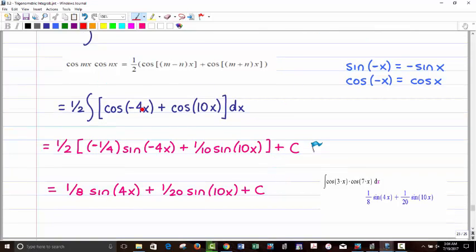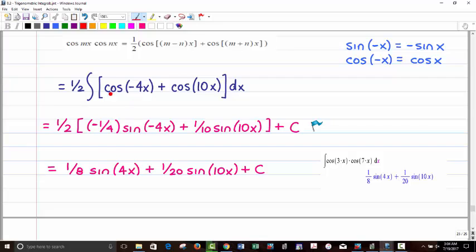So then instead of making the angle positive here, I went ahead and used this result in the very last step. You can't pull a negative out of cosine, it just turns positive, but you can pull the negative out of sine. With that negative, I made it positive, and of course then I distributed here to get the 1/8. Sometimes I do, sometimes I don't. But anyway, then that becomes the positive angle.